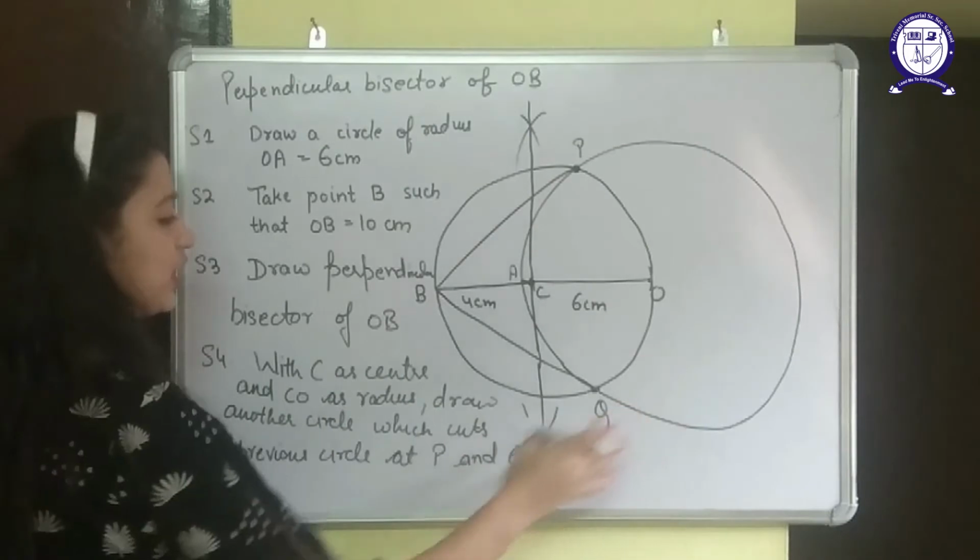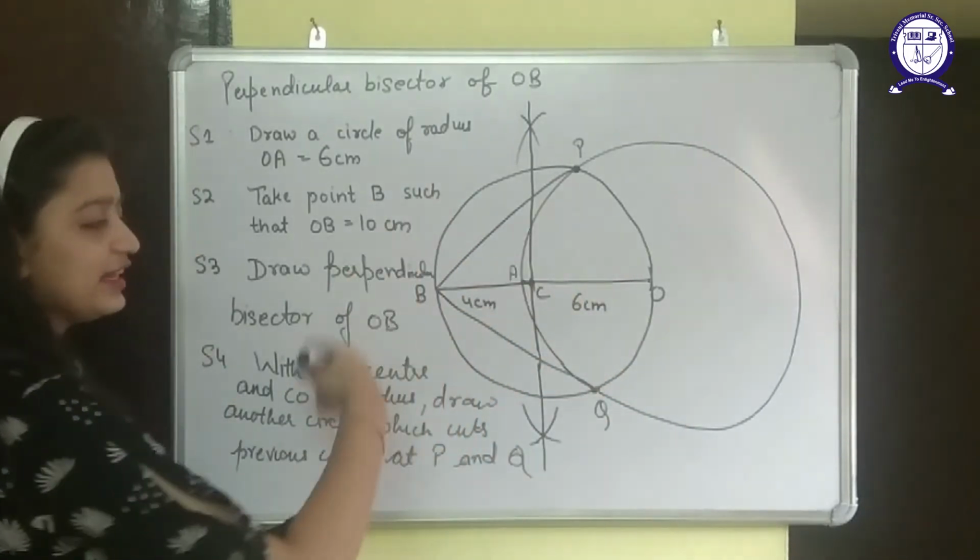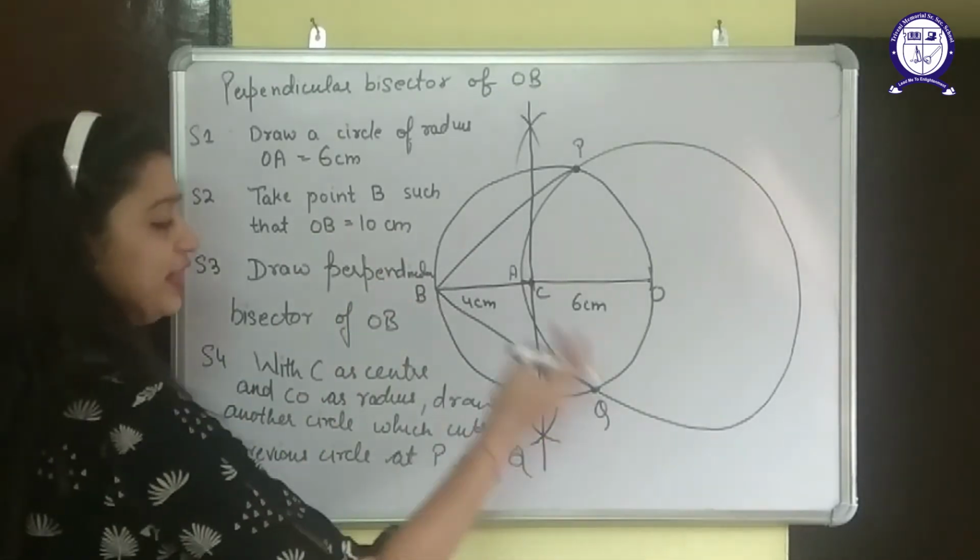I draw another circle with center C and radius CO, and it cuts the previous circle at P and Q.